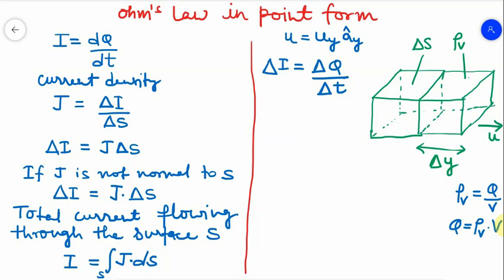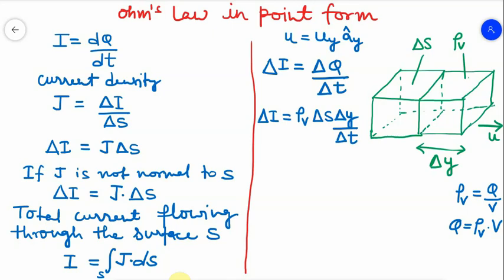So del q can be replaced by rho v del s del y, and del I equals rho v del s del y upon del t.